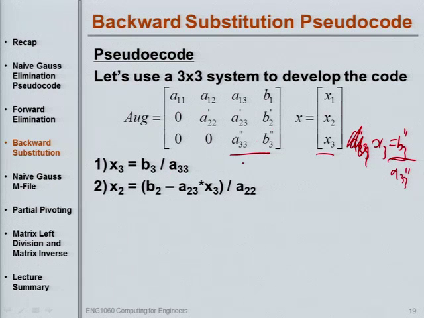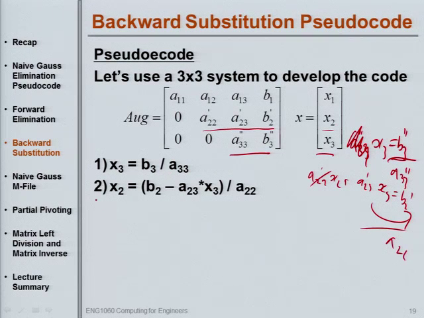Once we've got the first of our values, we then move up one equation. This bit of code here is basically saying that A22 prime x2 plus A23 prime x3 equals b2 prime. Well, we know what x3 is. We've calculated it here, so we can move this across to the right-hand side and then divide the whole lot by A22, and we end up with that equation there.